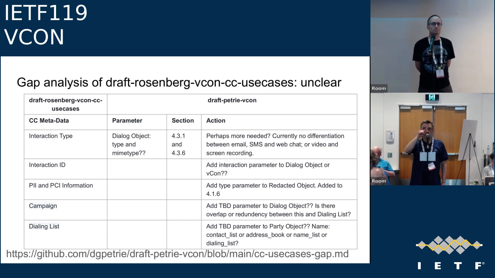Hold on. No, interaction is fine. The MIME type of text is clear, but what's the difference between a web chat and an SMS? And it might make a difference to the analysis of what you're trying to do if you knew whether it was web chat versus SMS. But the MIME type itself is actually the same in both cases.